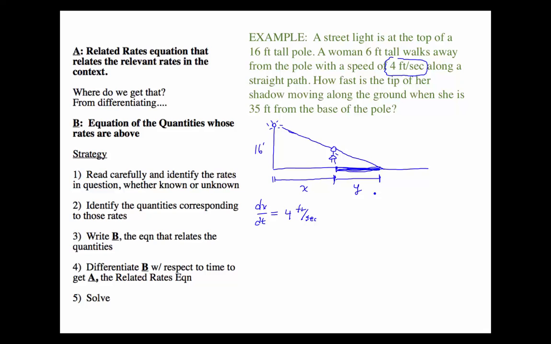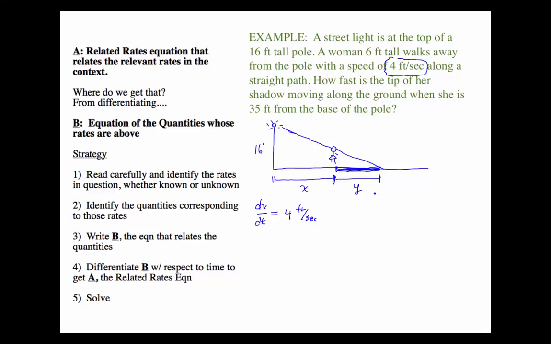If we took dy/dt, would that be how fast the tip of her shadow is moving? And if not, what would dy/dt mean in this situation? The rate of change of what? The length of her shadow.